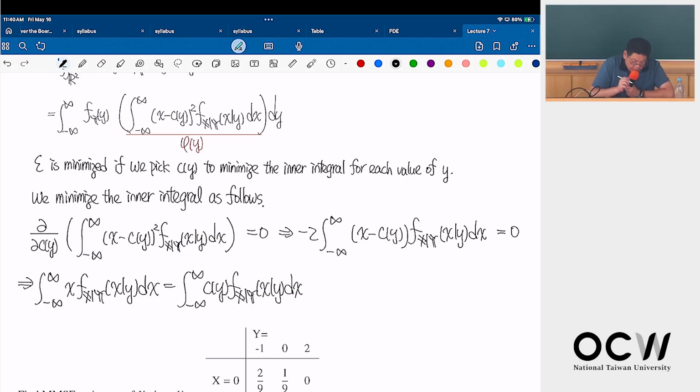Since I'm doing the integration over dx, I can put c(y) outside.